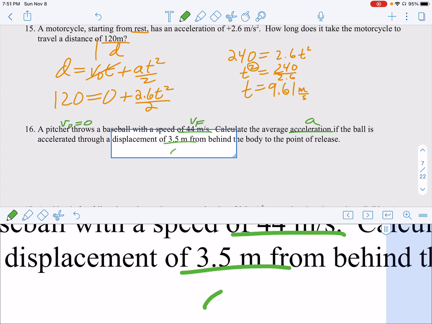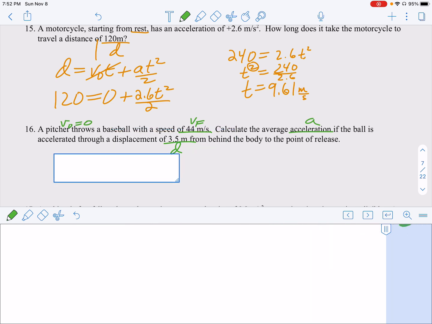Okay, there's a displacement. Well, he's delivering, from the windup to where he releases the ball, it moves 3.5 meters with his hand on it. So we're trying to find acceleration.